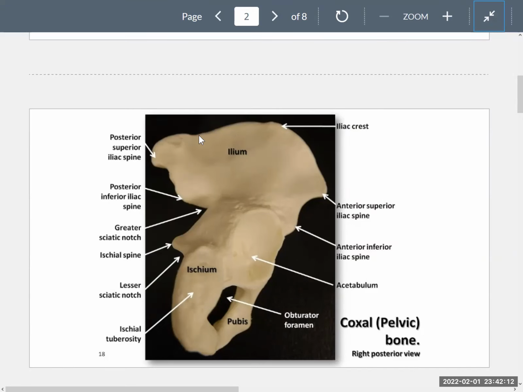Come over to the other side. You can't feel this on yourself. You can see it on the model. This is the posterior superior iliac spine. Go under it, drop down 1.5 inches to the posterior inferior iliac spine.